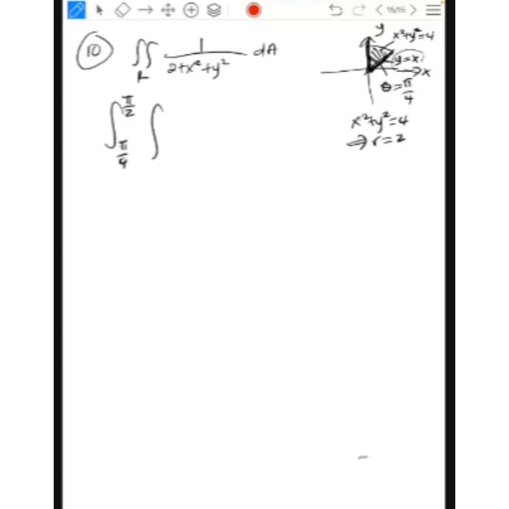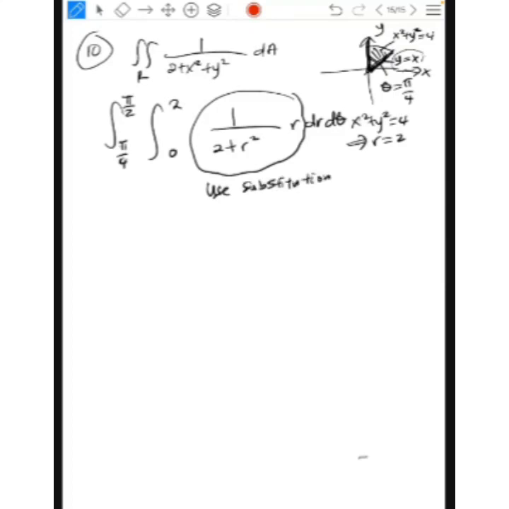Because only on the first quadrant kan dia nak separuh kat situ. And then 0 to 2. 2 plus r squared. r dr d theta. Okay, so again, this one you have to use substitution to solve. So you may try lah. Okay, because I've already shown you how to use substitution. You may try for this one.